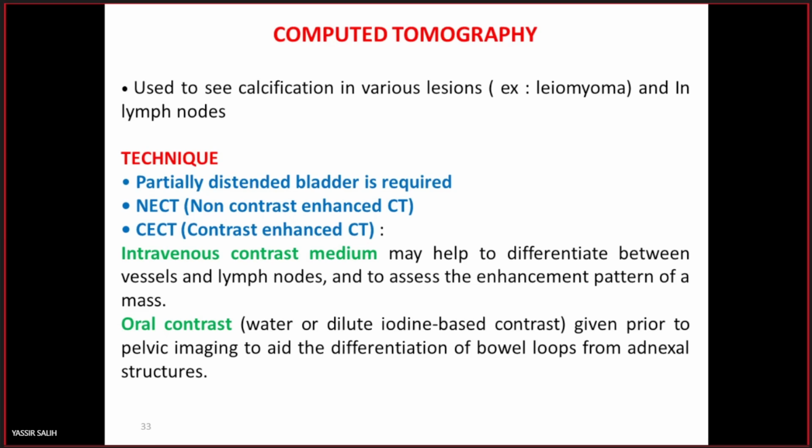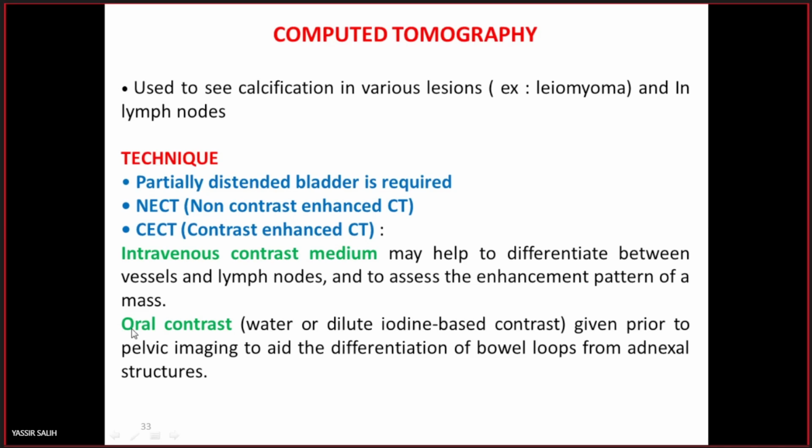If there is a lesion, it sometimes can take the contrast. Anyway, we use contrast to differentiate between the normal and abnormal structure, or between the vessels and the lymph node, and the normal structure and the lesion.